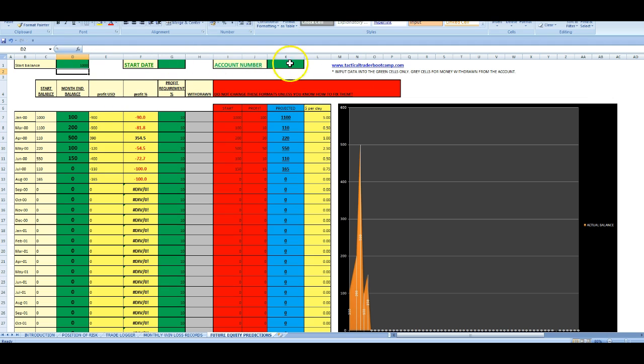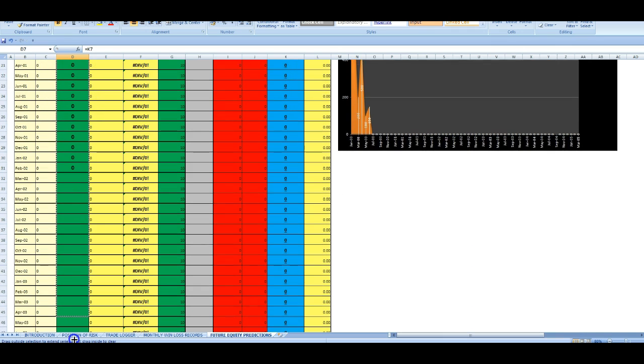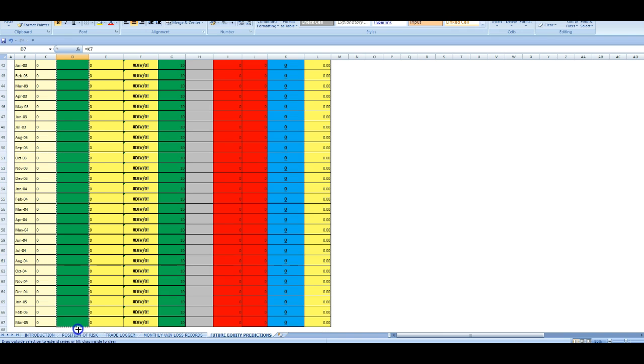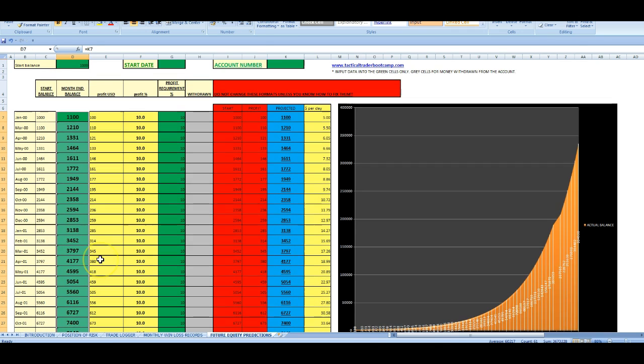Forget about the start date, account number, account balance. Let's just work that on there, and let's see if this works straight off the bat. Okay, beautiful. So these figures are drawn out from the formulas of just gaining 10% per month.